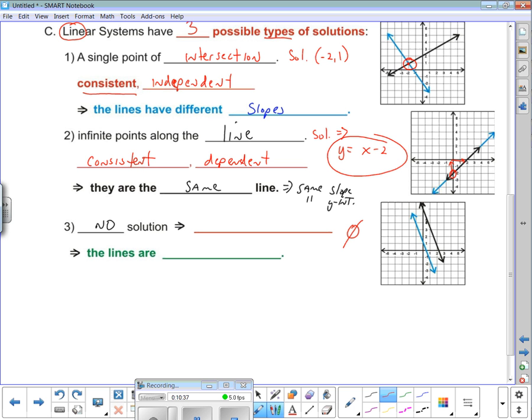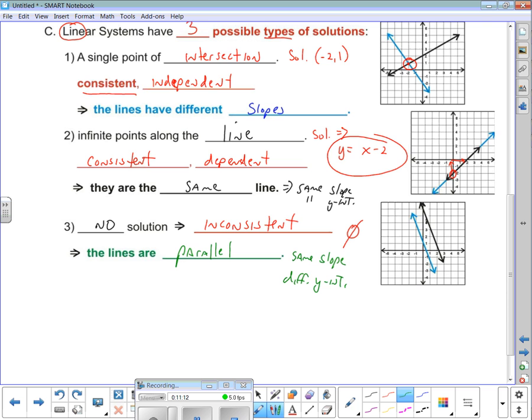If there's no solution, what are we going to say? Inconsistent. That's the type of solution. What is the solution? Null set. What's the type of solution? Inconsistent. And again, the lines are parallel. So in this case, same slope, different y-intercept, right?